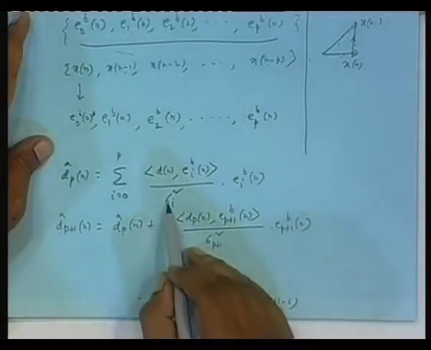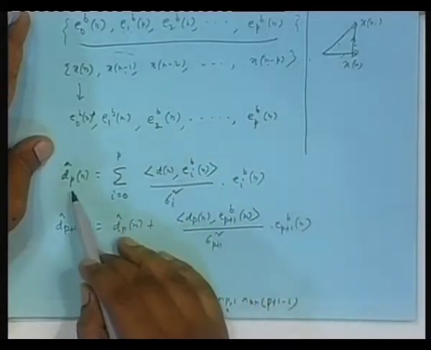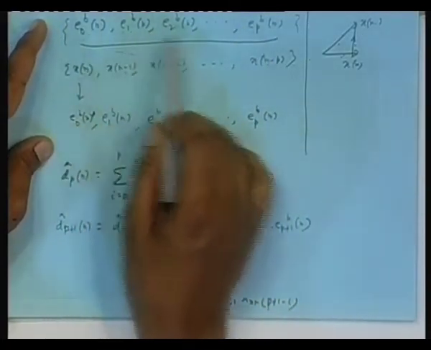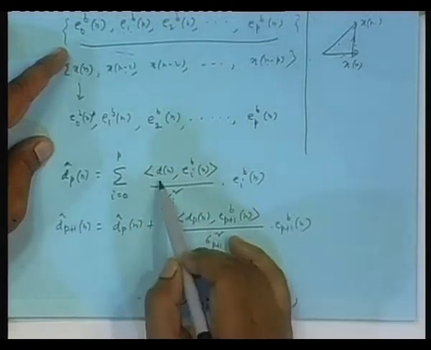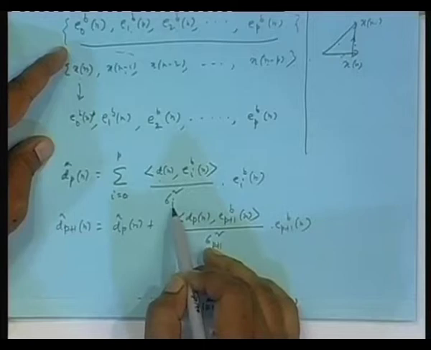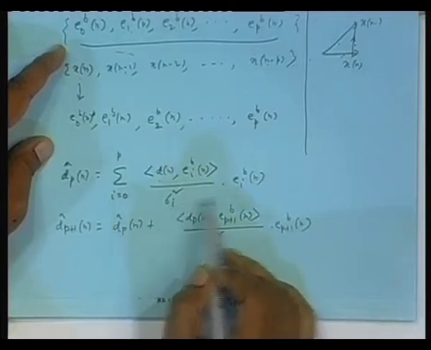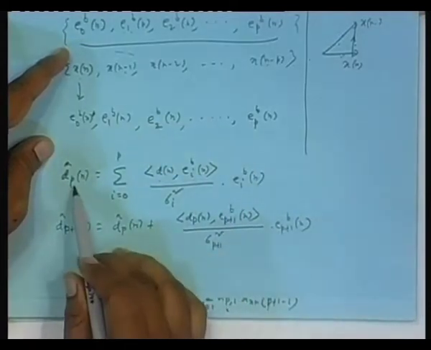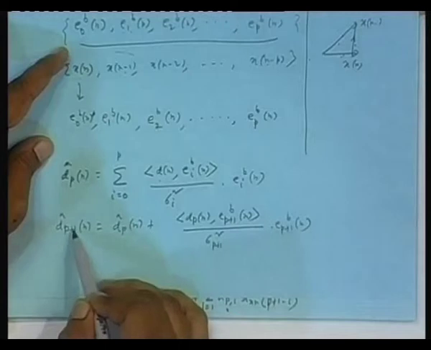Here d n was orthogonally projected on the space spanned by this, which means you have to take the individual projections and add. That is what this is: d n with any ith backward projection error E I B n, inner product, divided by the norm square, the variance, into this. And if you know the pth order projection and you want to find the p plus 1 order projection, it is very simple.